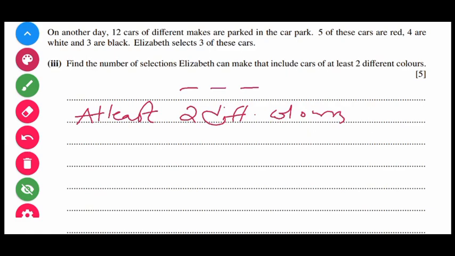So it is a bit difficult to find directly. So instead of finding at least 2 different colors, we can do it in another way. That is, from the total number of selections, if you delete one color cars, selection of one color.